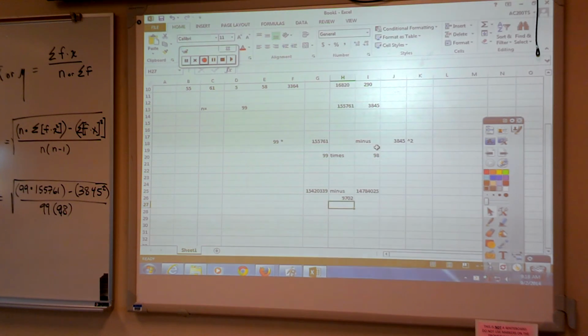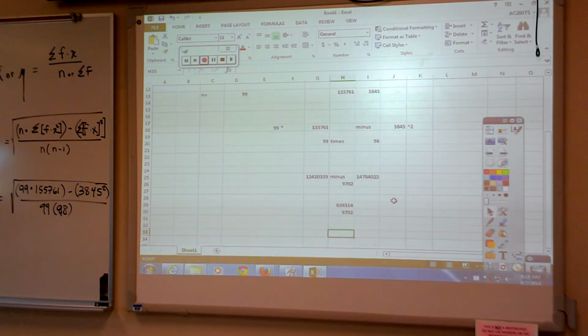So that's what your number should be right there. Equals this minus this divided by this. And that's going to give us the variance, which we don't need. This divided by this. And that's our variance.